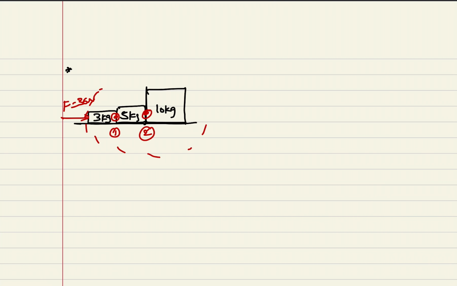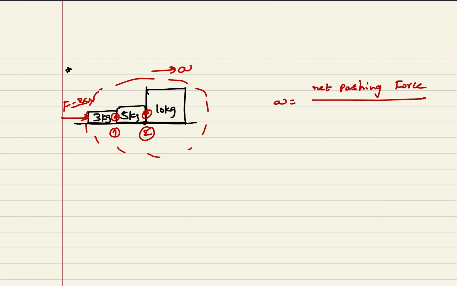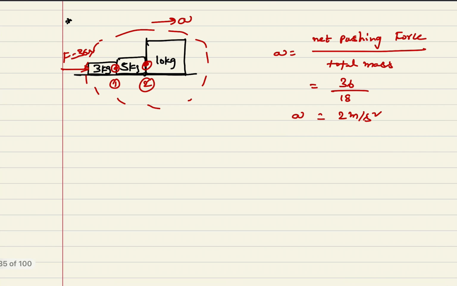Now we can observe that all these three bodies are moving together with the same acceleration. I can write A is equal to net pushing force divided by the total mass. Net pushing force is only 36, divided by the total mass 18. So I get 2 meter per second square as the acceleration of the system.